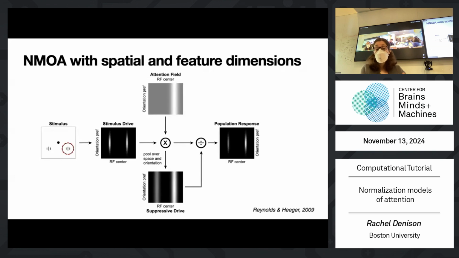Because we're working with this population image, it's just convolved with, like I said, a Gaussian that effectively controls the size of the integration, the spread of the pooling. But you can do anything.